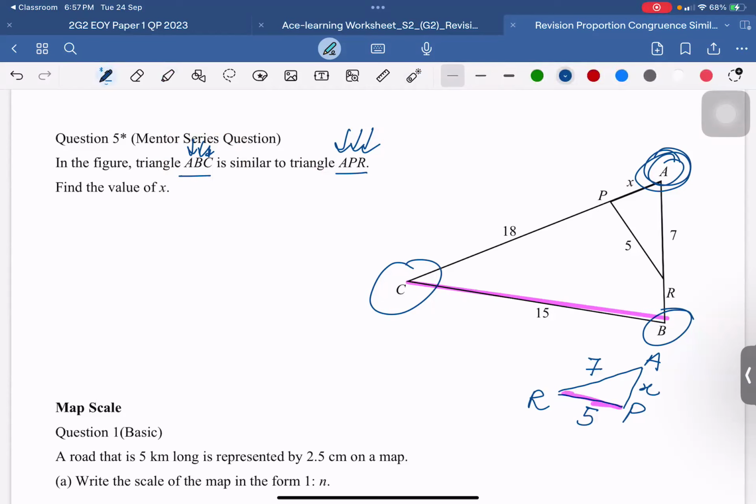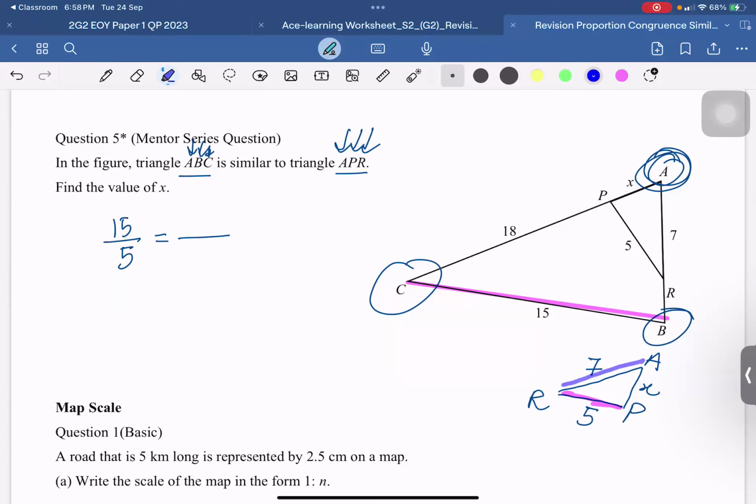Ratio, you can write small over big or big over small, up to you. In this case, I just put big over small, 15 divided by 5 equals to 3. But I'm going to write one more pair of ratio. Where is another pair of sides related to X? AC and AR.